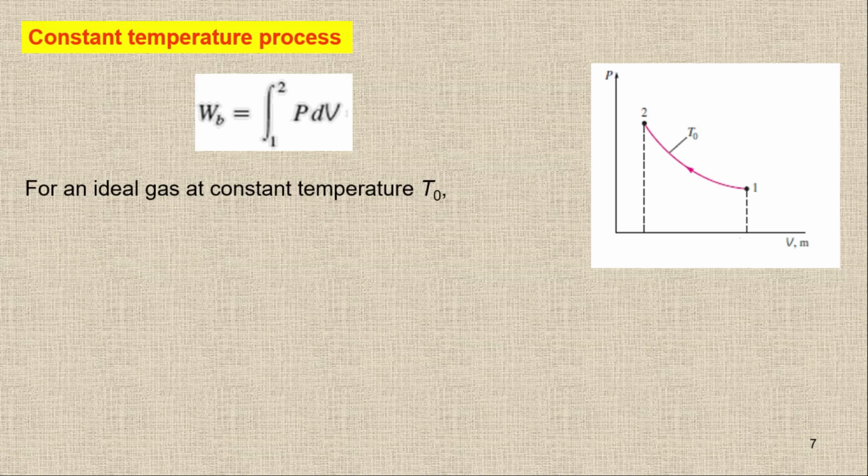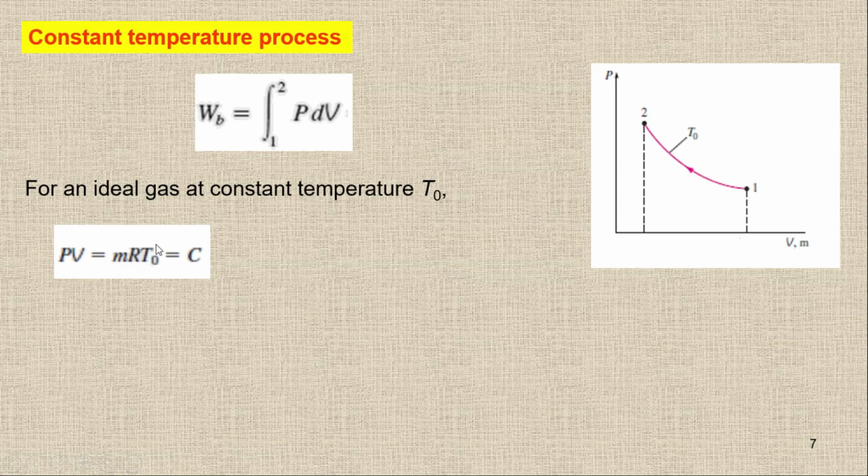For an ideal gas at constant temperature, let's suppose T naught, as we know, PV is equal to mRT. I'm talking about the ideal gas. Since we are talking about a closed system, the mass will be the same, there will be no mass change. R is a constant value, the gas constant.